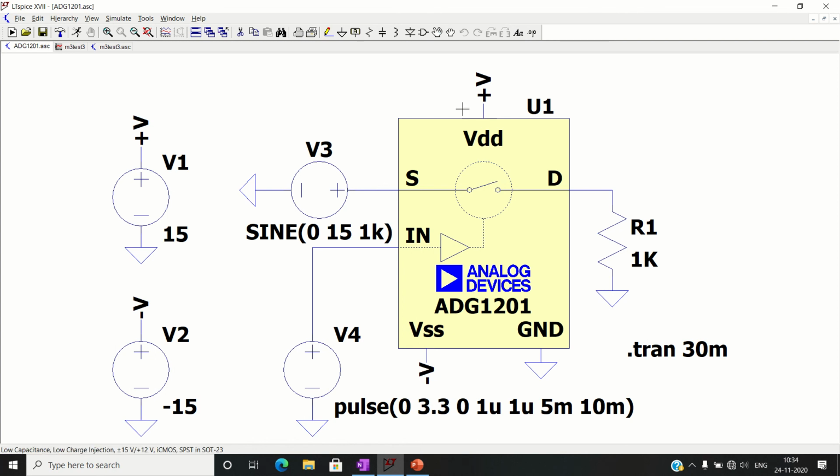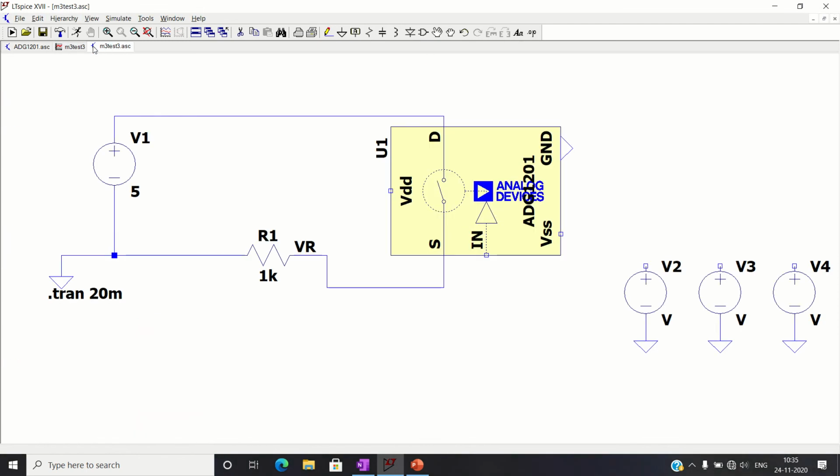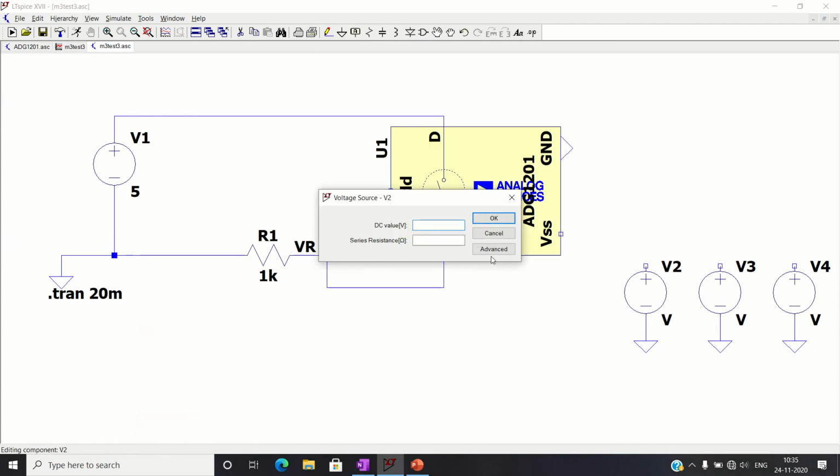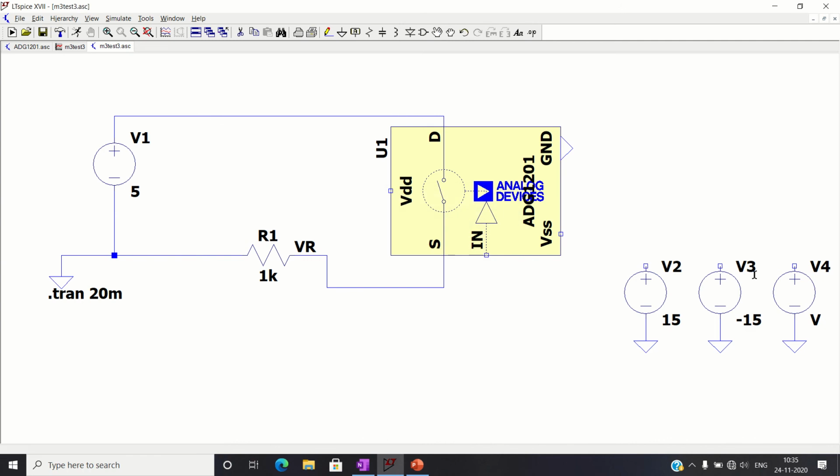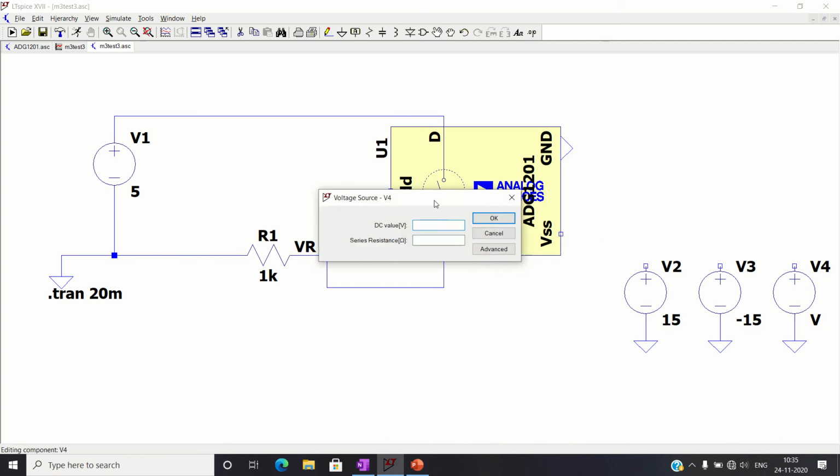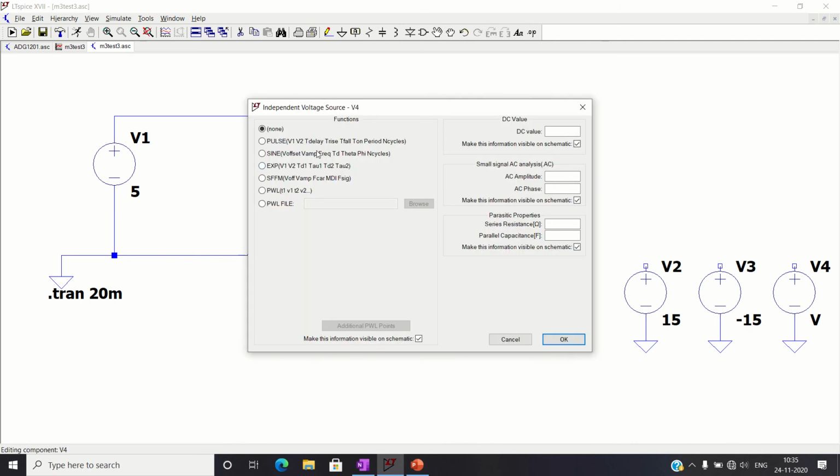So we will use the same thing in our circuit: 15 volts positive, 15 volts negative, and then a pulse signal of 3.3 volts, initial value 0.